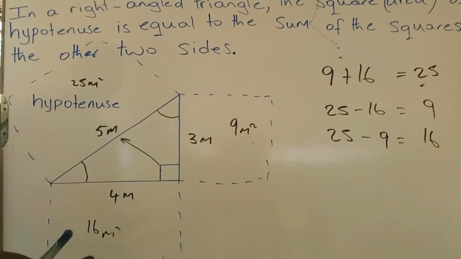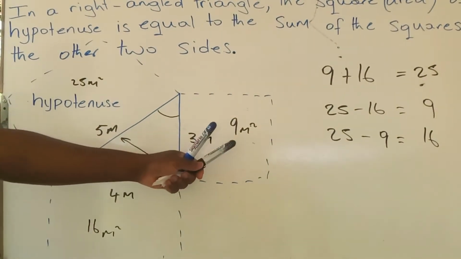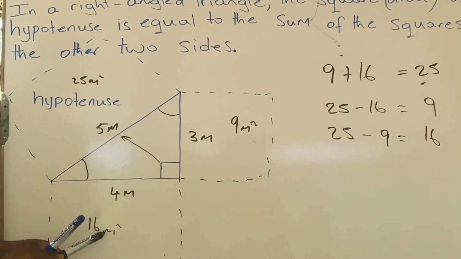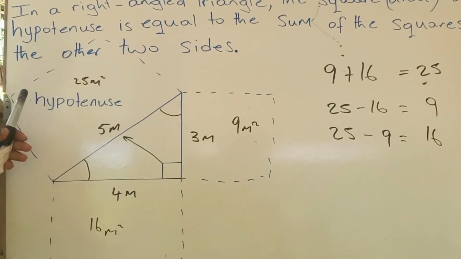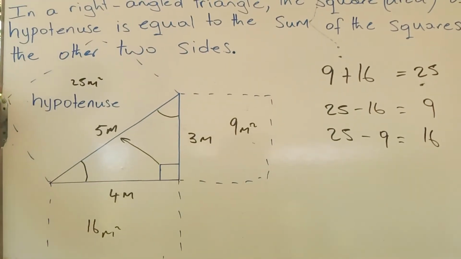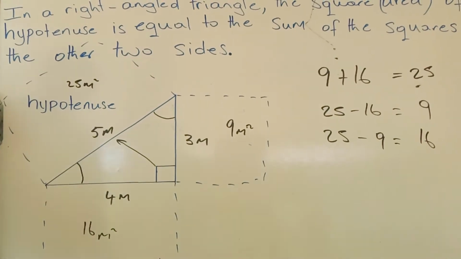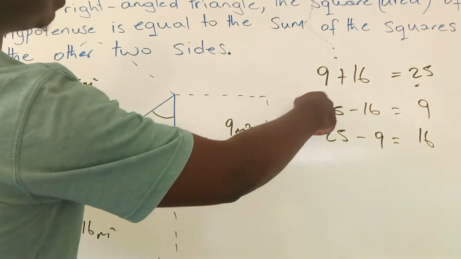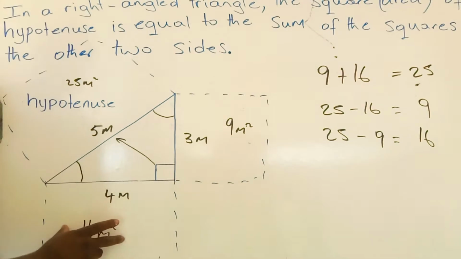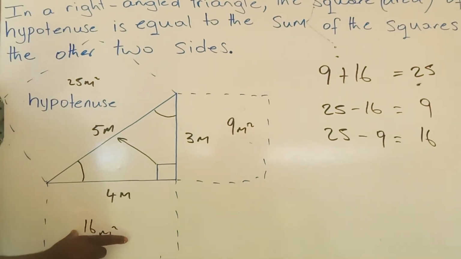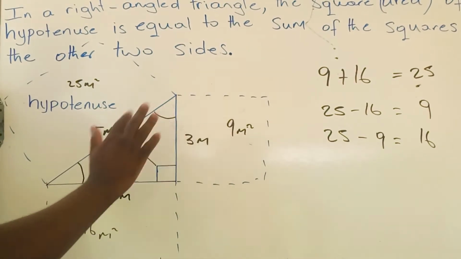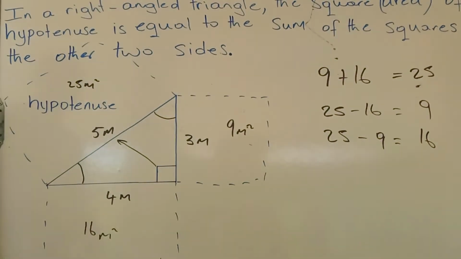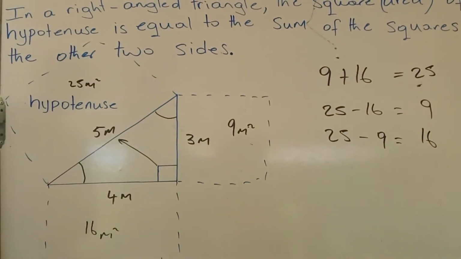Clearly here, you can note that 9 plus 16 will give you the area of the hypotenuse here, which is a very interesting relationship among the numbers. And also, if we have 25 and we subtract this side area from it, we get this area over here. So we can clearly see that. Let's see where that can put us.